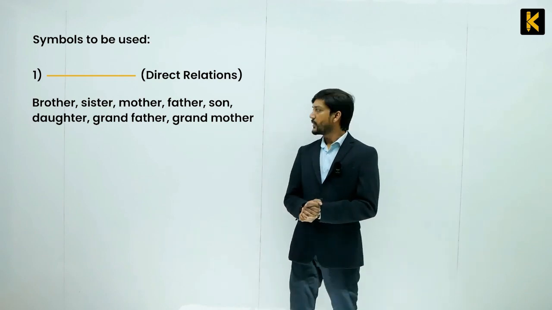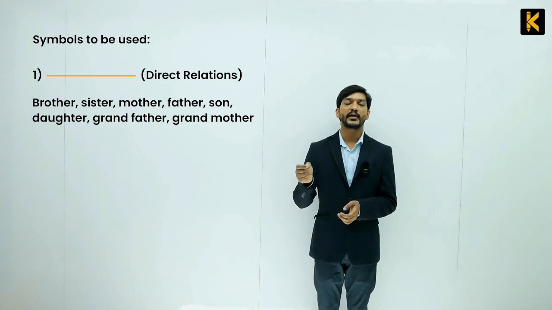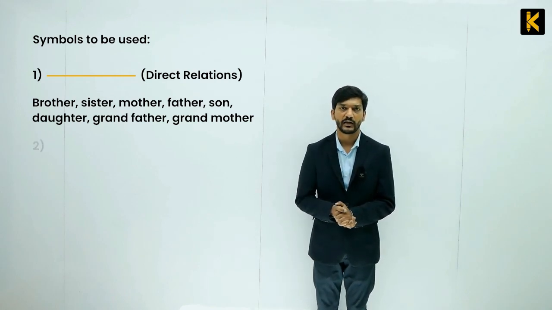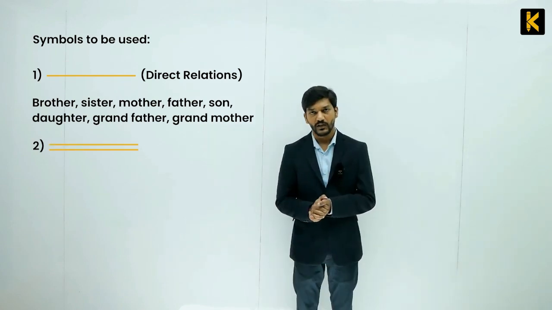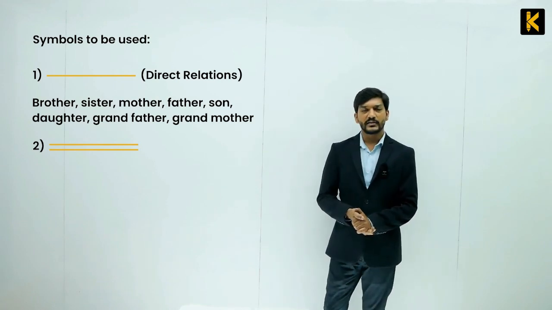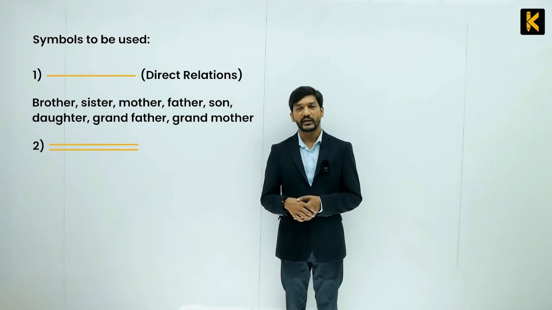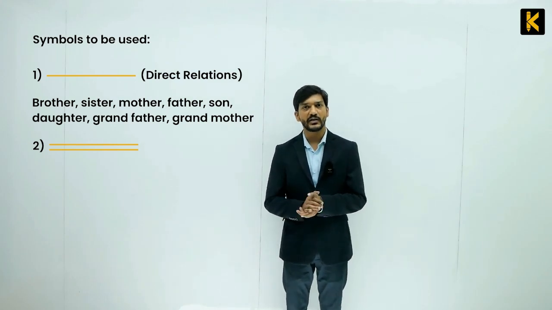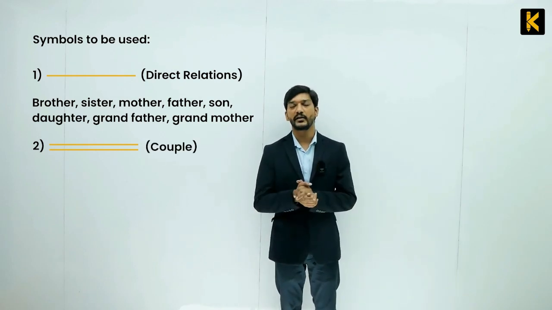So now the second symbol I will use is for showing a husband-wife relation. And the symbol I will use for it is a double line symbol. The reason behind it is that two lines in engineering is to show a couple or coupling.